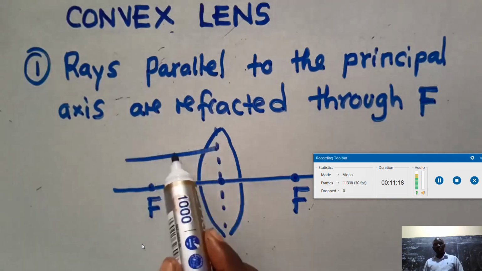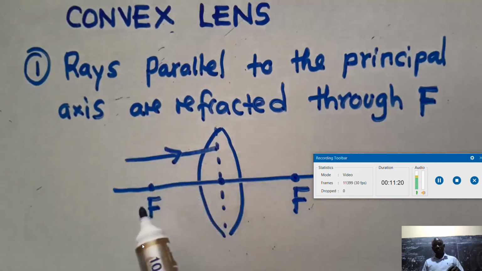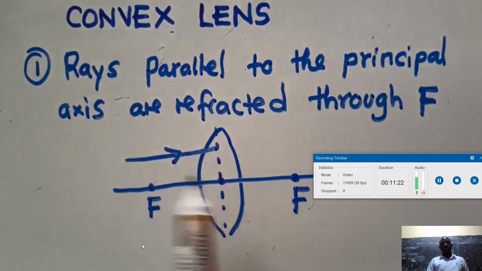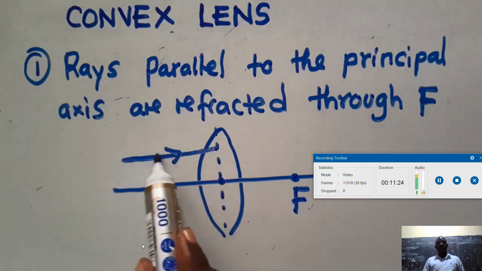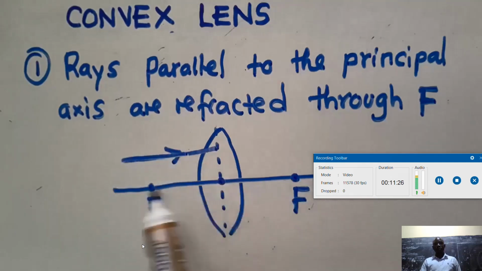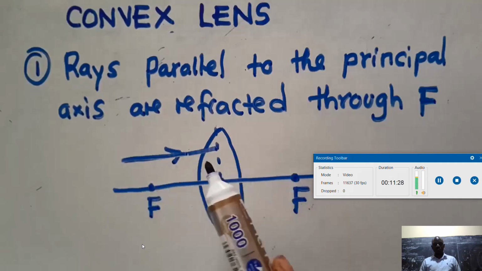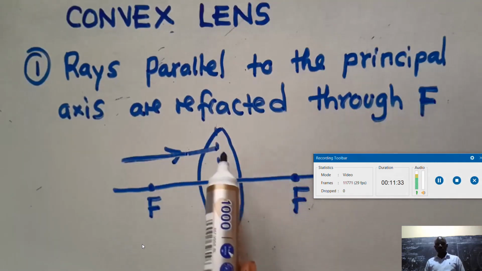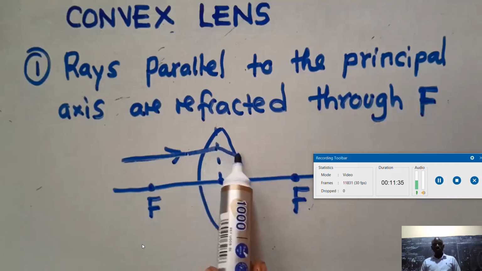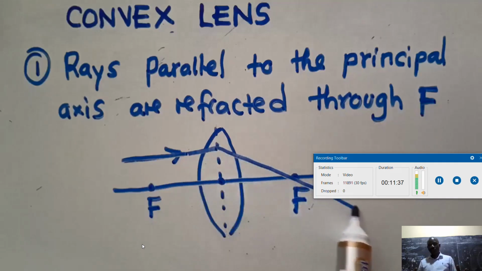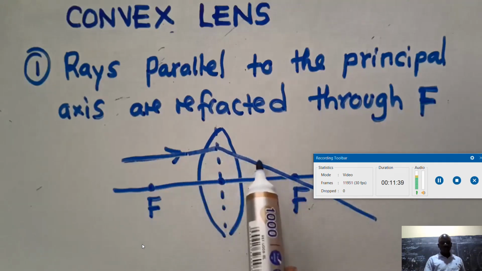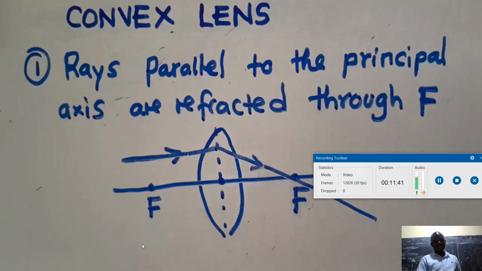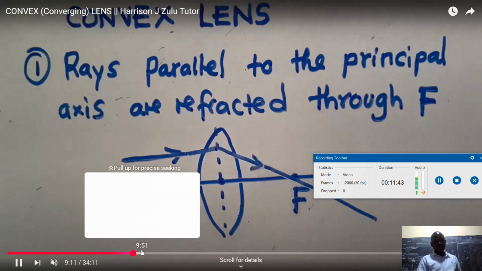Now if I have a ray which is parallel to this principal axis, like this, then it will be refracted through this other F, which is on my right hand side. So that's rule number 1. That's how I'm illustrating it, and I hope you are able to see it on my flip chart.